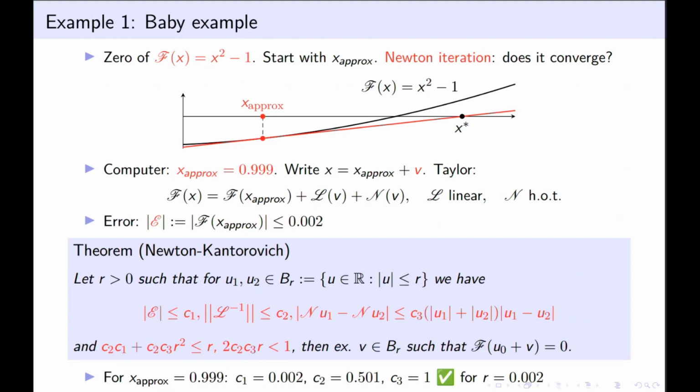I pretended these are just God-given numbers, but actually they depend on your approximate solution. However, they depend in a really mild way. So if you change this from 0.999 to 0.9999, these C2 and C3 will basically not change. You can kind of see this, or just take my word for it.